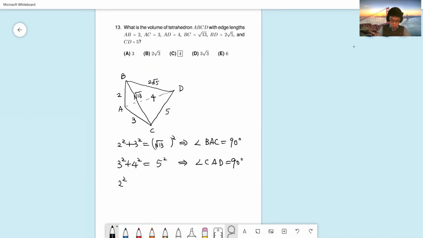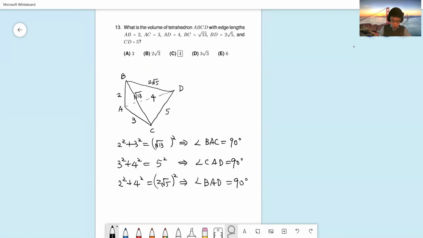And 2 squared plus 4 squared equals 2 root 5 squared, which means angle BAD is 90 degrees. So we can calculate this tetrahedron as follows.